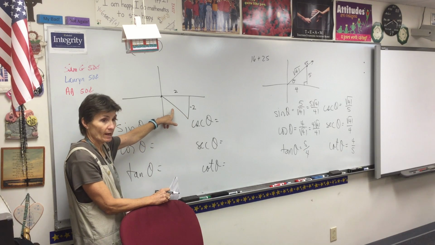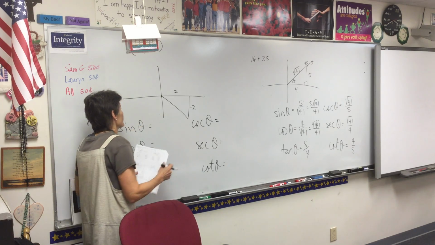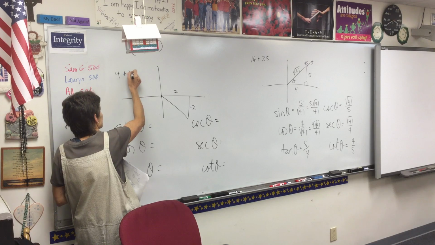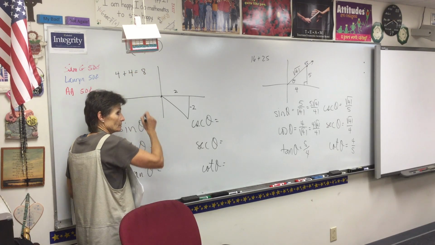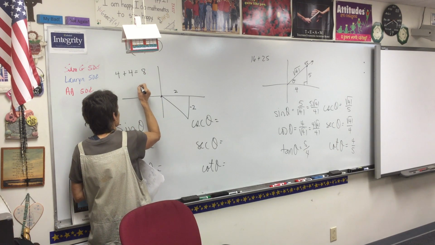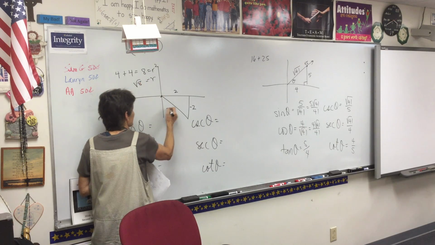So now we're going to figure out our hypotenuse. So that's going to be 4 plus 4. So this is going to be the square root of 8, which is 2 root 2.